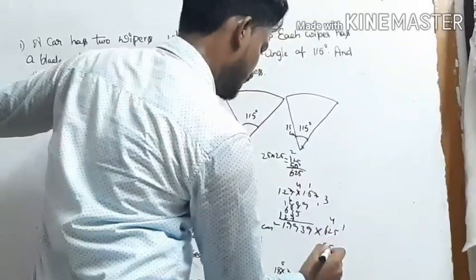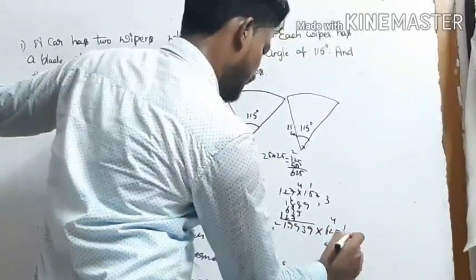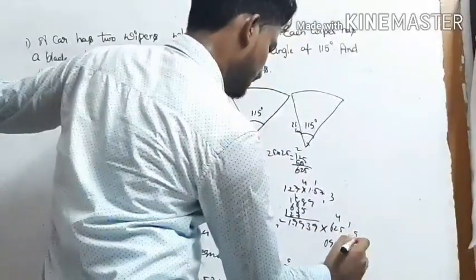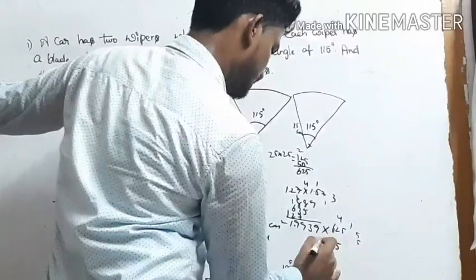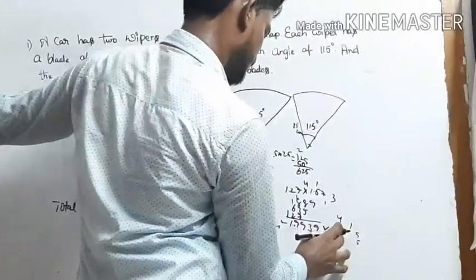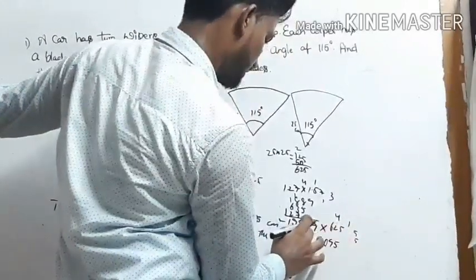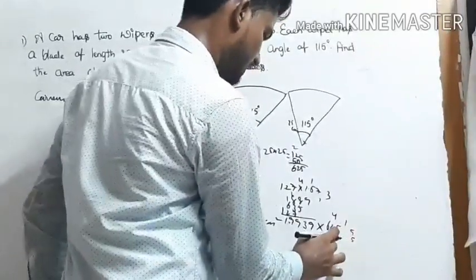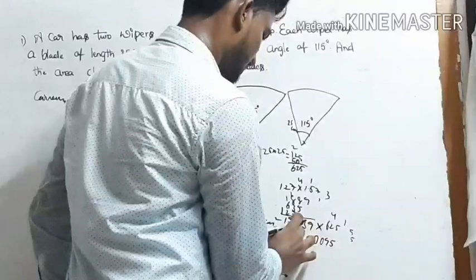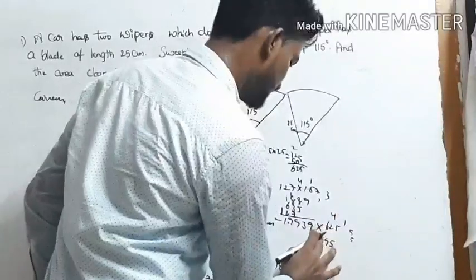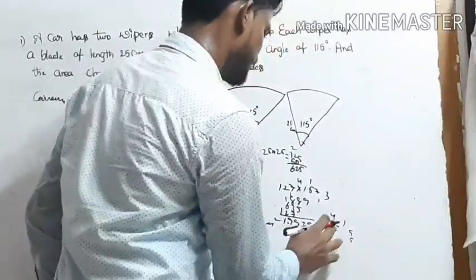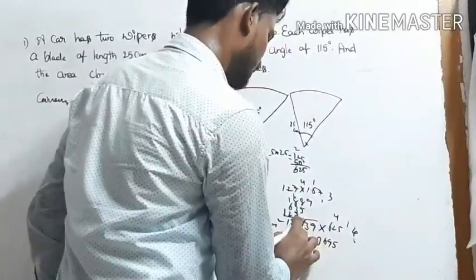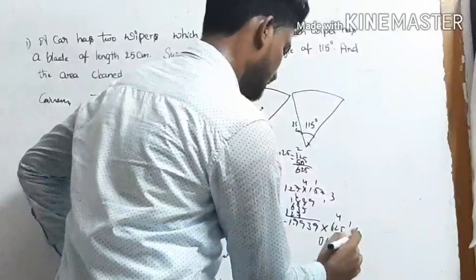See, it will be 5 9s are 45, 5 3s are 15, 15 plus 4, 19. 5 9s are 45, 50. 5 9s are 45, 45 plus 5, 50. Then 5 9s are 45, 5 3s are 15, 15 plus 4, 19. 5 9s are 45, 45 plus 1, 46 is this. 5 9s are 45, 45 plus 4, that is 49.